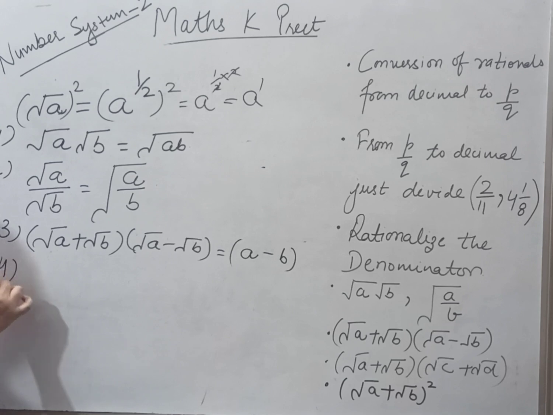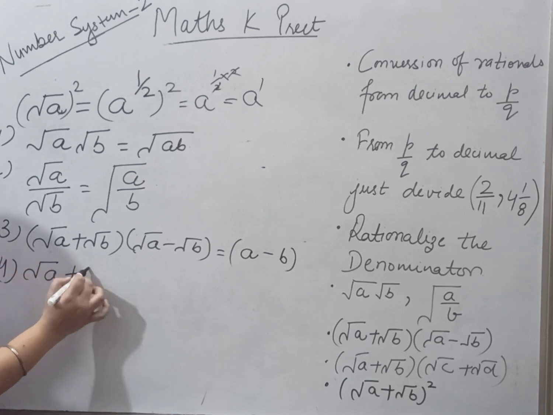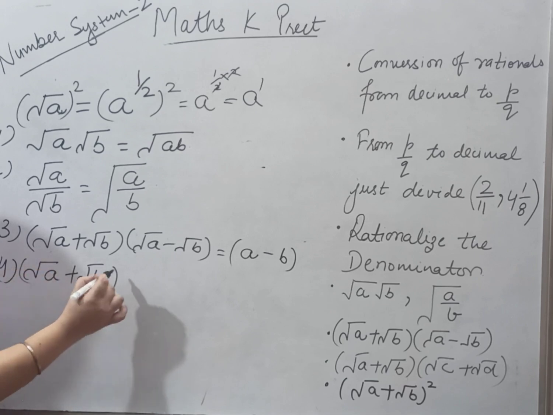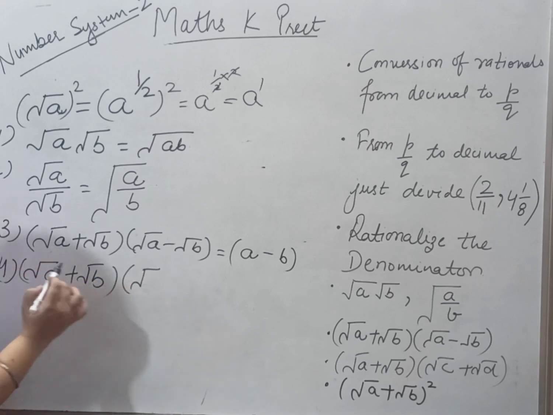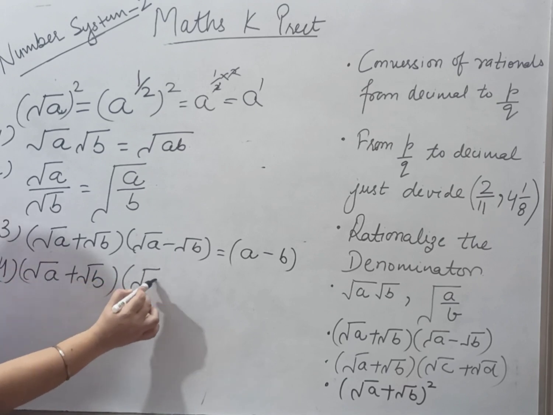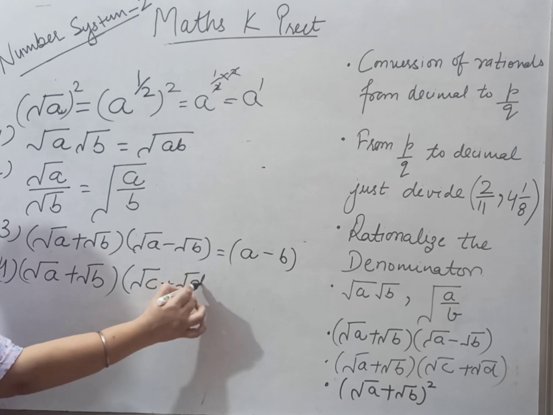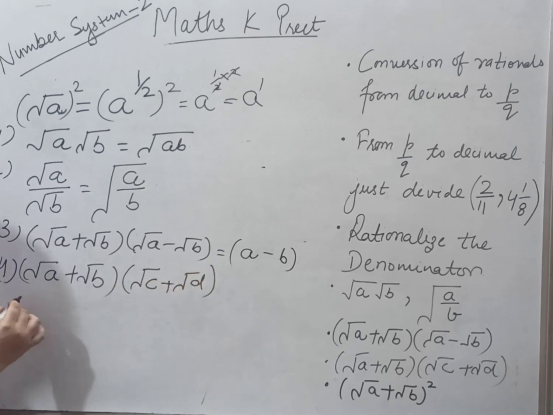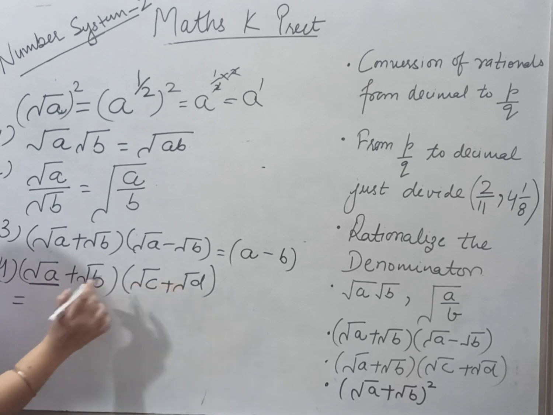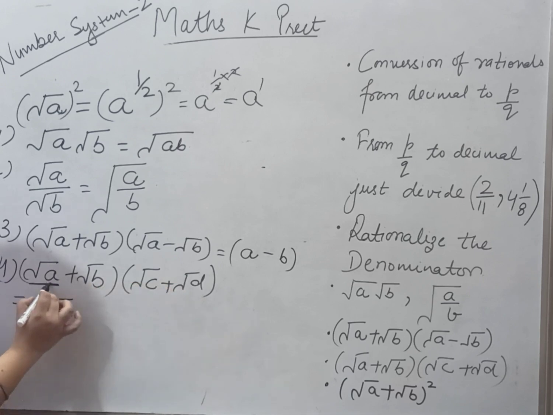Fourth is, if I have root a plus root b and root c plus root d. This can be written as, we will take this and multiply with both the numbers. Root a with root c will give us root ac.